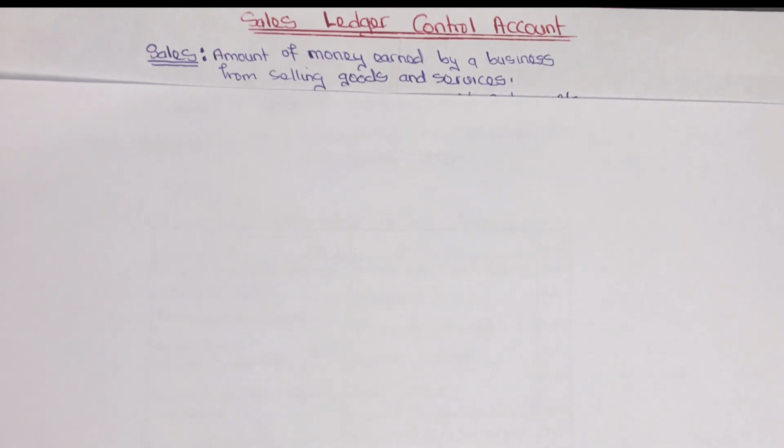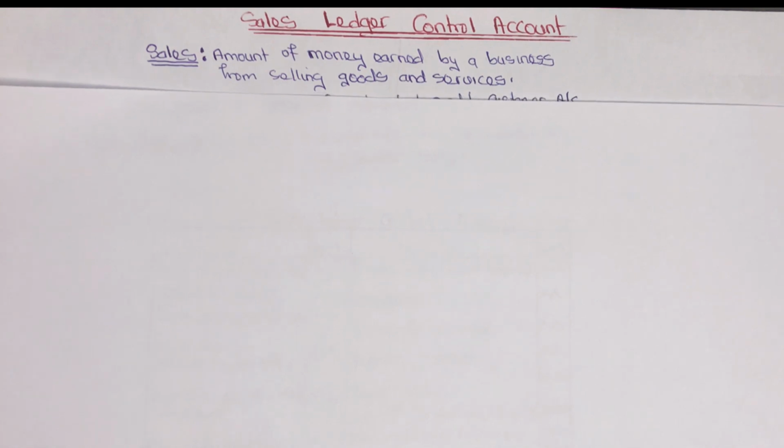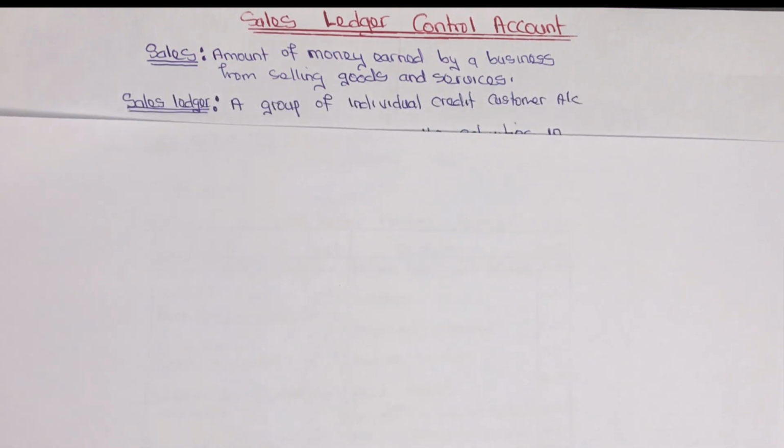So then what is a sales ledger? A sales ledger is a group of individual credit customer accounts. When you make your sales, you have to record them in different sales ledgers.